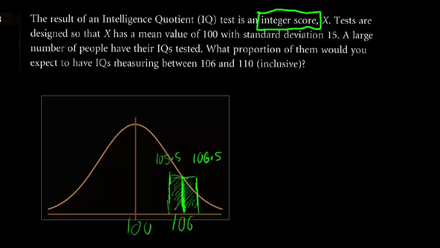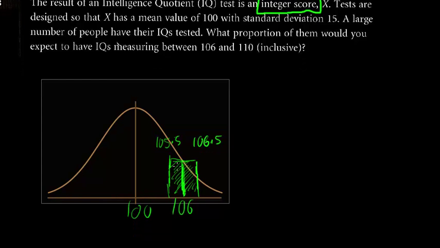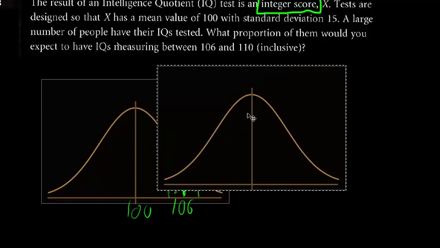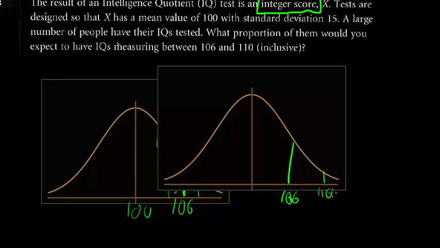So for this particular question, I can no longer look at, for example, 106 to 110. In the previous examples, I'd have said, all right, let's go from the value of 106 all the way through to 110.